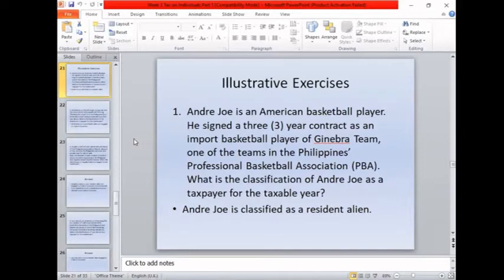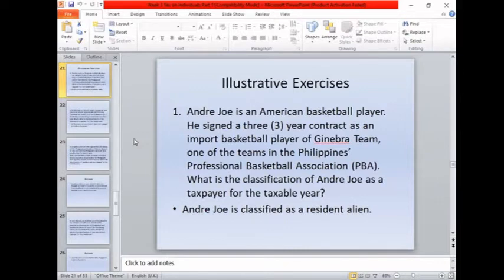So if he signs a 3-year contract with the PBA, then he will stay here for 3 years, and that's the purpose of why he is staying here in the Philippines. So how can you classify Andre Joe as the taxpayer during the taxable year? Of course, you can classify Andre Joe as a resident alien.